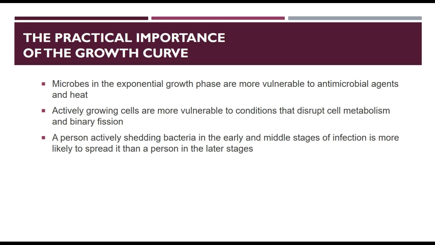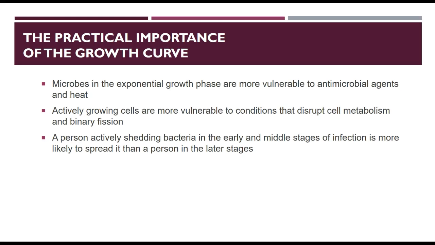So we can use this if we know where the organism is as far as its growth curve. We can treat it more quickly and more effectively. Actively growing cells are also more vulnerable to conditions that disrupt metabolism and disrupt reproduction, binary fission.